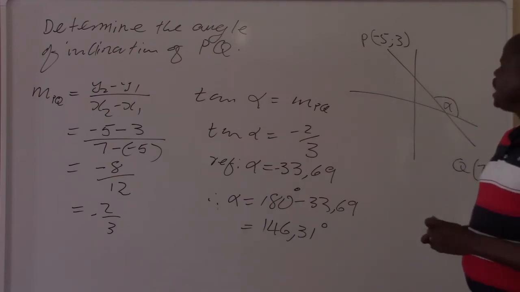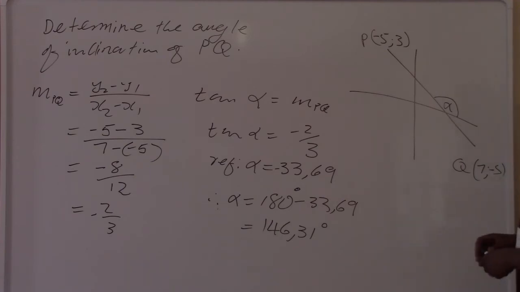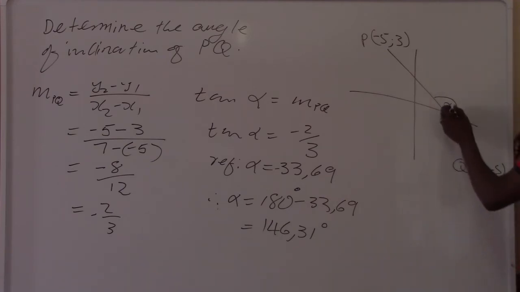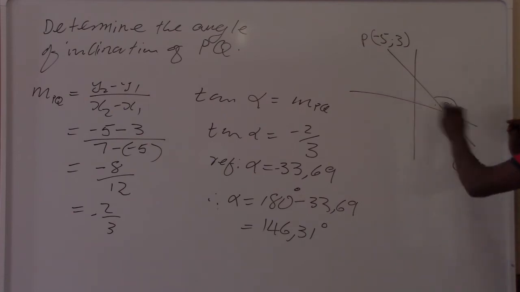So in the exam, this question may come in different ways. It may come and instead of them asking for this angle, they may ask for that angle. So what you do is you calculate it using the same method, and after getting this angle, because again this is a straight line, and the angle of a straight line we know is 180 degrees, it's 180 minus that.